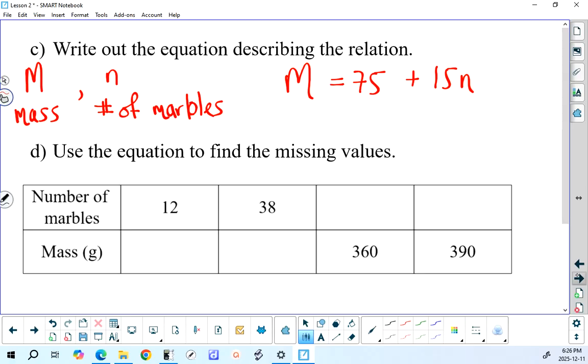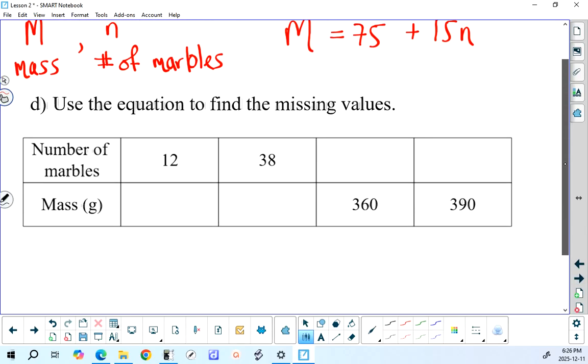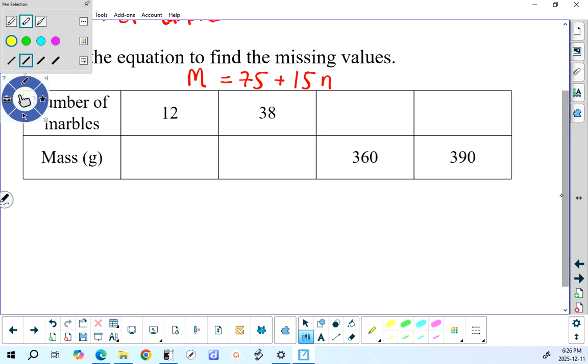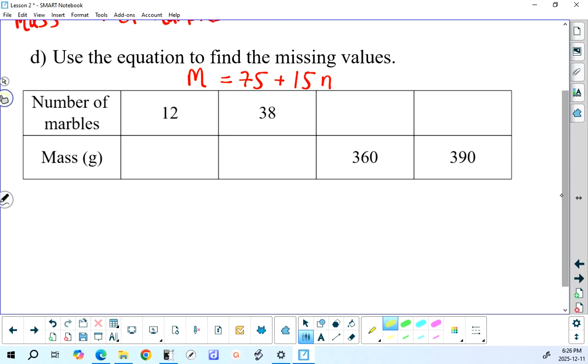So we're going to use this equation. I'll rewrite it so we can see it here. M equals 75 plus 15n to calculate some things. However, just to drive the point home, these two things are numbers of marbles, so they are going to go here.